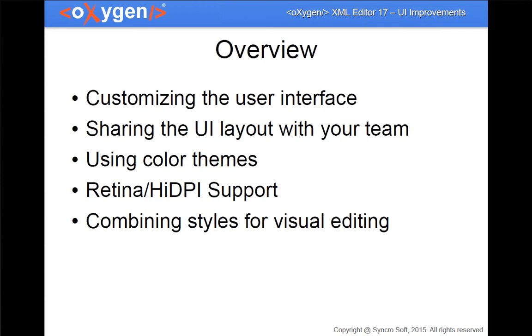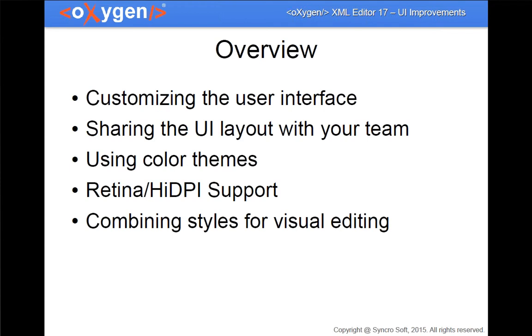Number 3, in the overview, we'll also have a look at color themes and how to use them. While sometimes it's just a matter of taste, in other cases it really is a must to have a special color theme, for example, if people have sight problems.